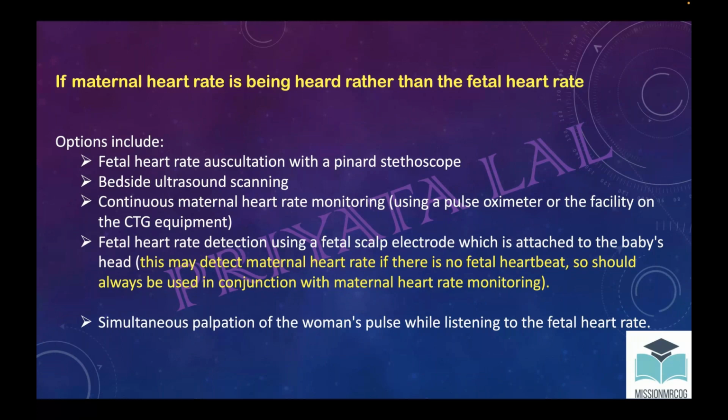If it is in the normal range, it will be in that range only, so we will be able to detect it. But if there is an issue where the maternal heart is being heard rather than the fetal heart, then you have to change the mode of fetal monitoring. Consider a scan, consider a fetal scalp electrode, and palpation of the maternal pulse can be done.